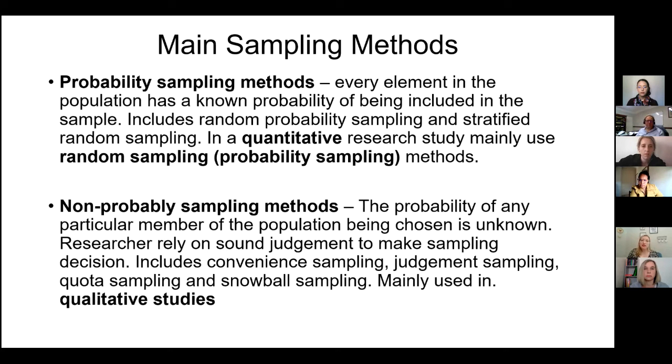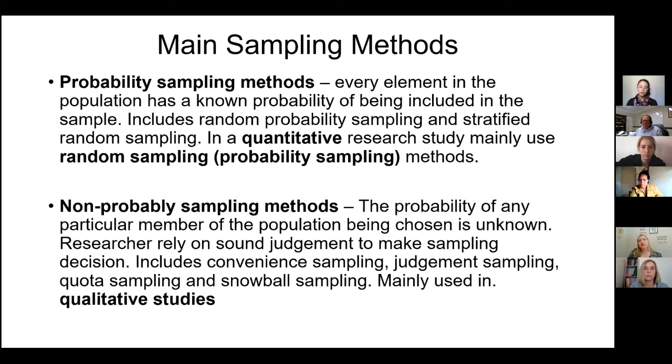As Jacques has explained in our previous session, quantitative research studies usually use random sampling methods. Remember again, quantitative studies is about the science and the logic. So let's say you have 100 students in your class, that is your population. Each student will have the exact same chance or opportunity to be selected for your research study.